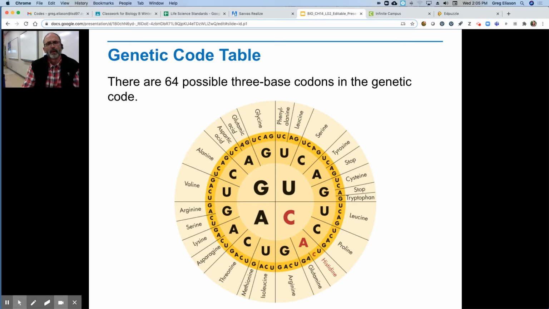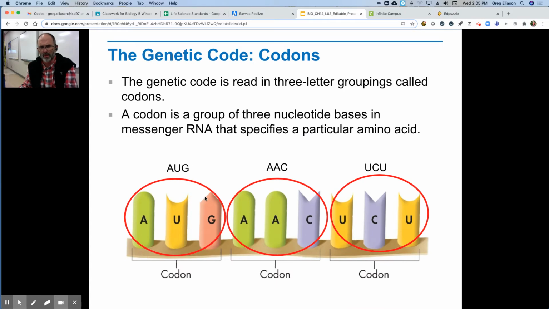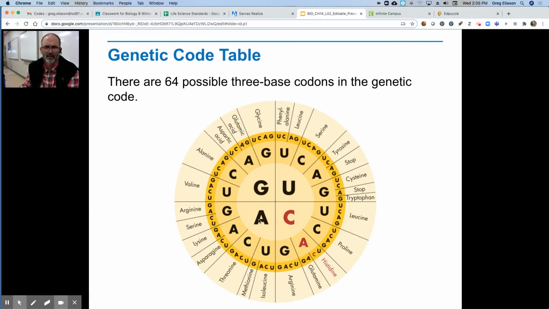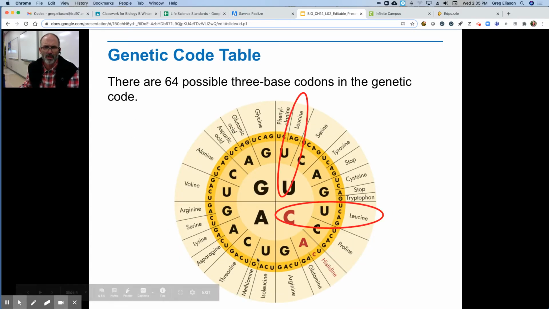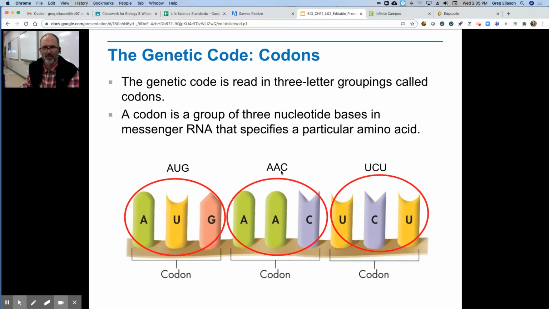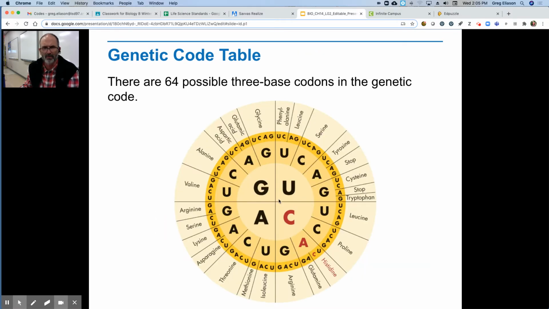So what we had back here was AUG. AUG is the code for methionine. Do we have another one back here? We didn't have a C anything. All right, so they all code for different amino acids.